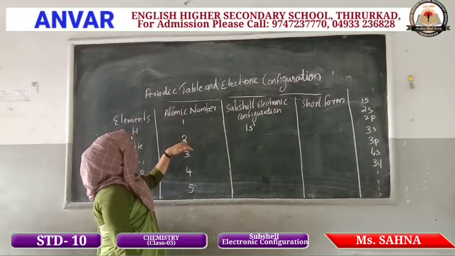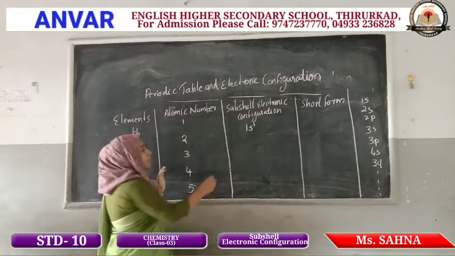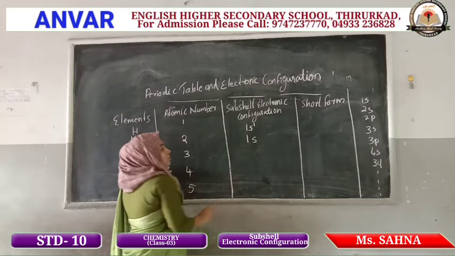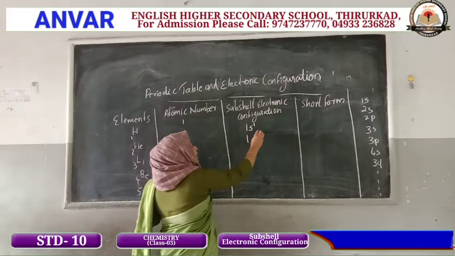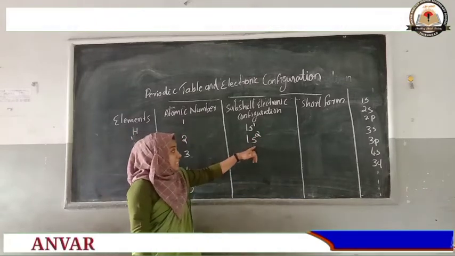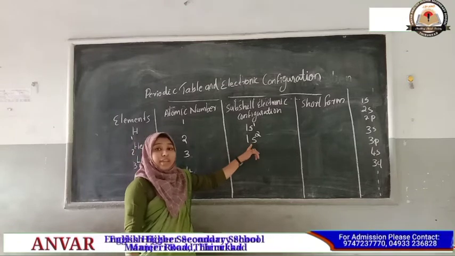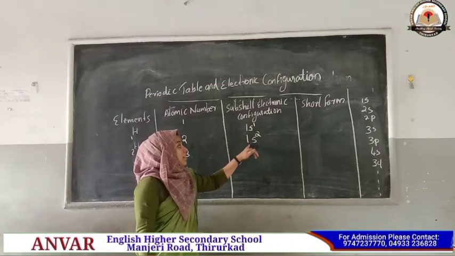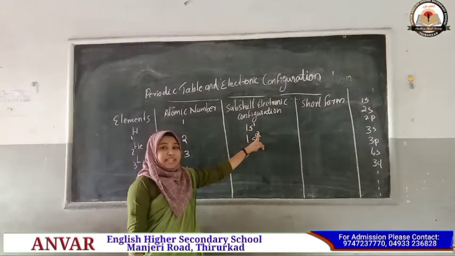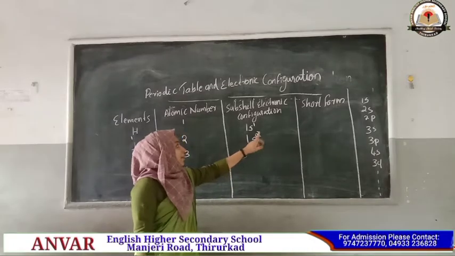Then in the case of helium, 2 electrons are present, so 2 electrons enter the s subshell of the first shell. So we write 1s2. These two represent the number of electrons.